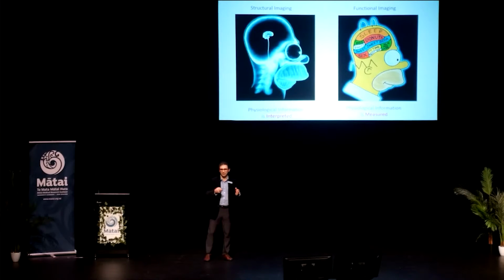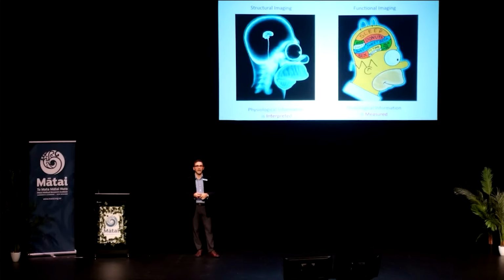So for example, if we look at the image of the brain of a subject and the temporal lobe is missing, we can conclude that the subject would have some memory problems. But with functional imaging, we wanted to go one step ahead and image the function of the brain directly. And by doing so, we can identify the areas of the brain that are responsible for a specific task.